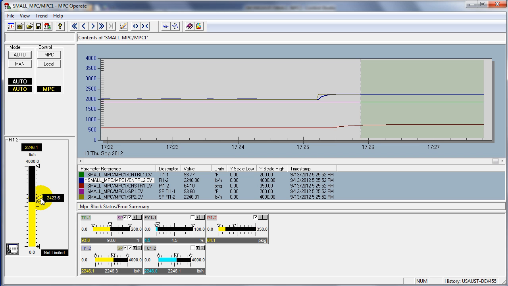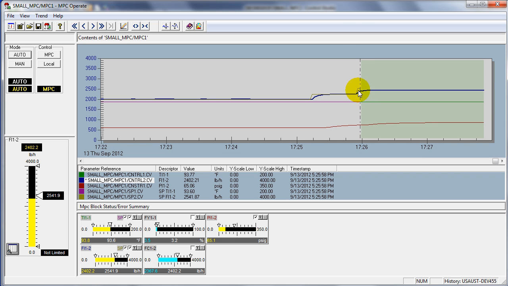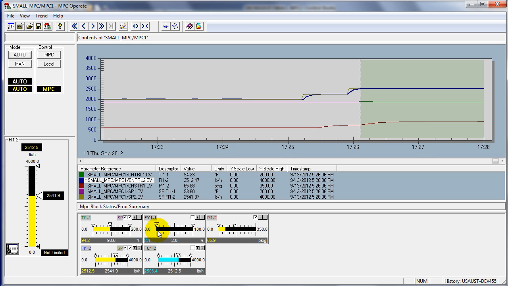As we increase the flow rate to the unit further, we eventually get to the point where the need for cooling is at maximum cooling capacity. So the split range output is at 0, which means maximum cooling flow.